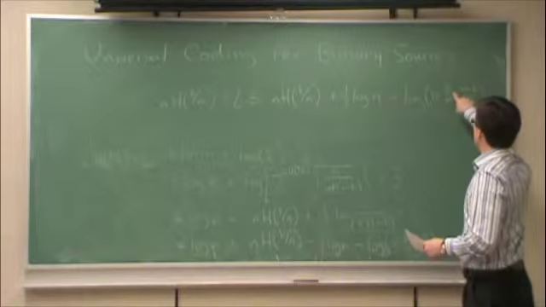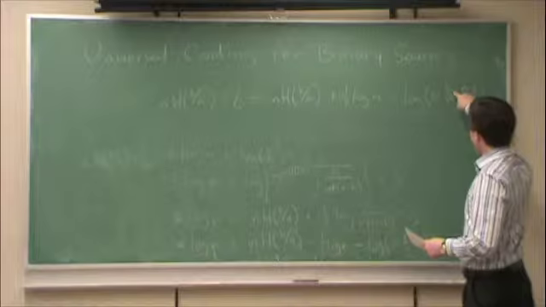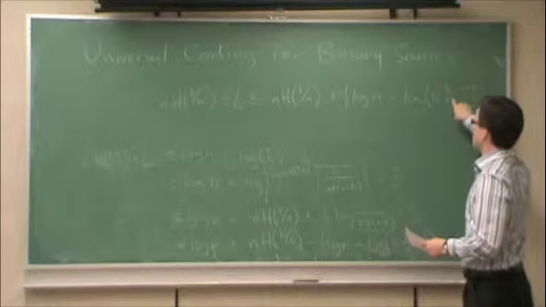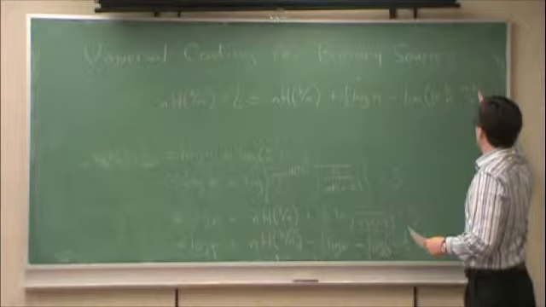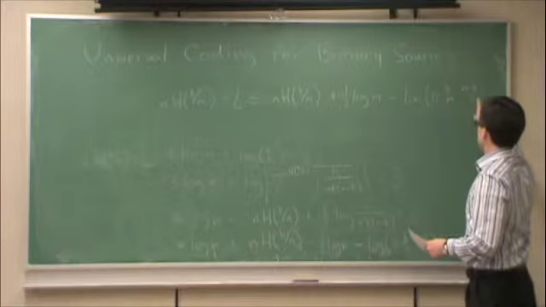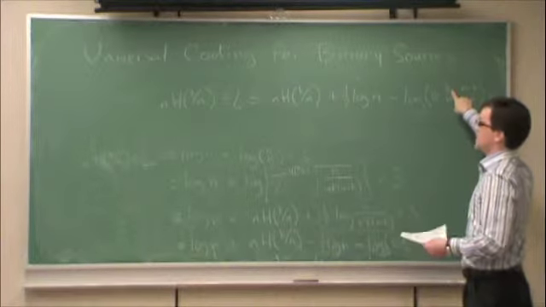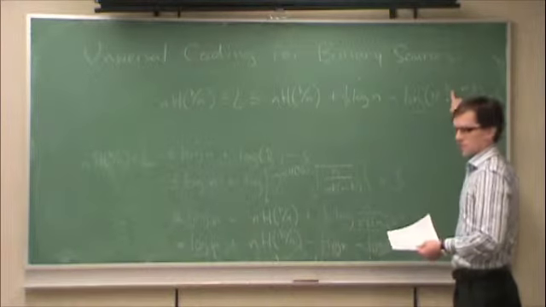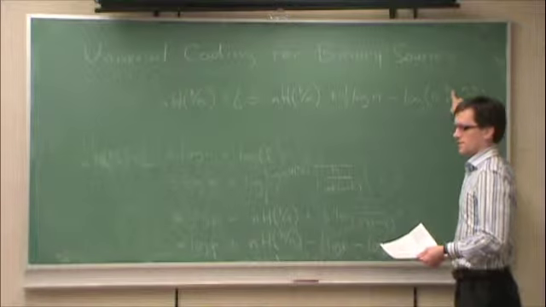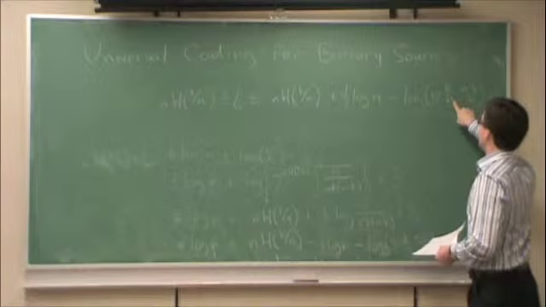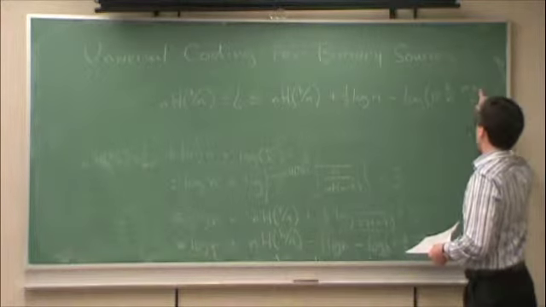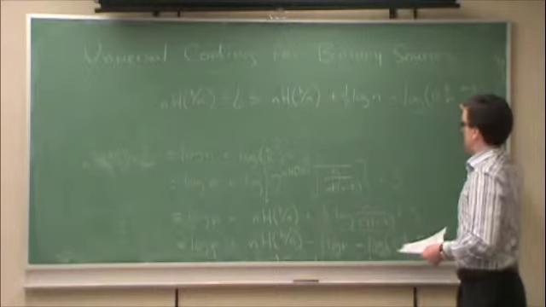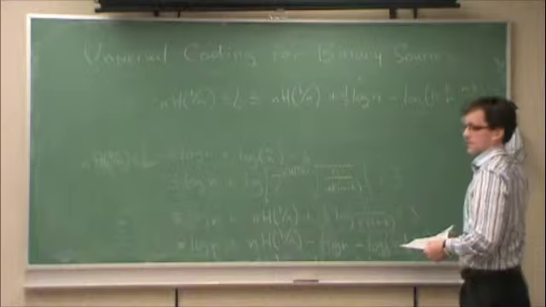So as n goes to infinity, this is basically order 1. k should be thought of as proportional to n, so the number of ones in the sequence is some fraction of n. So this is order 1, this is order 1, so this is log of something order 1, so that's also order 1, plus a constant.